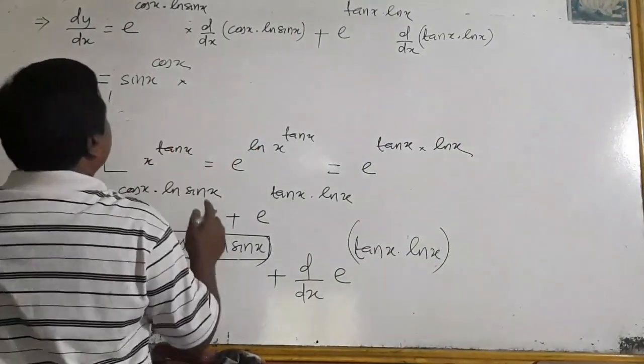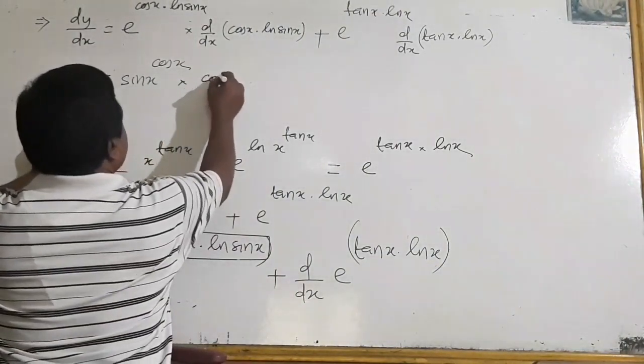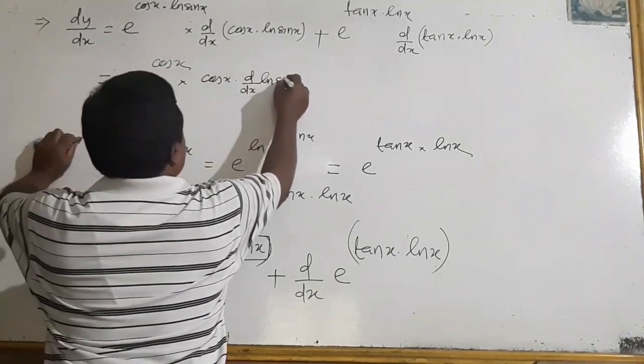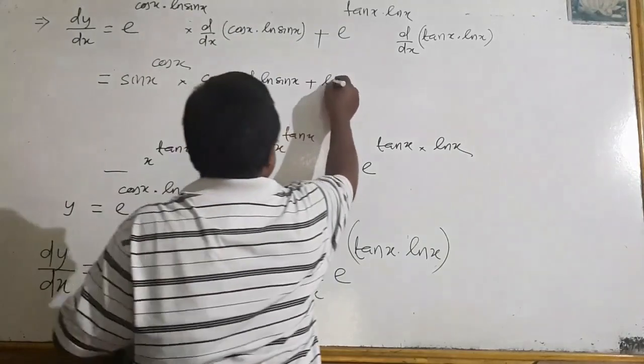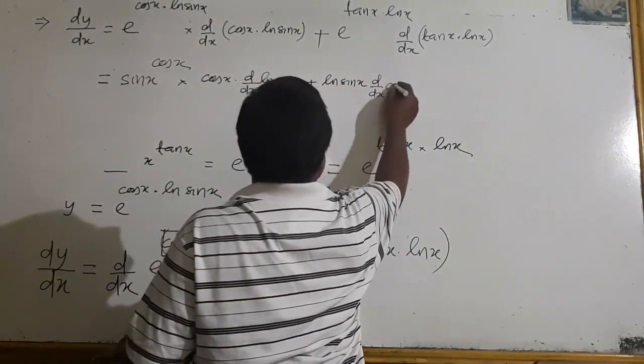And you know the formula. d by dx of cos x ln sin x is cos x into d by dx of ln sin x plus ln sin x into d by dx of cos x.